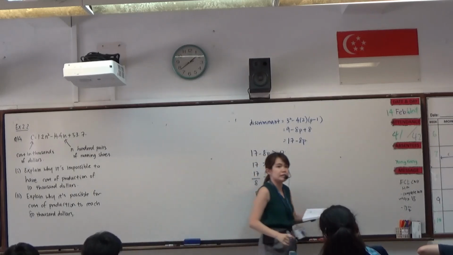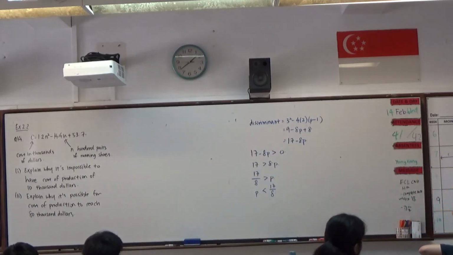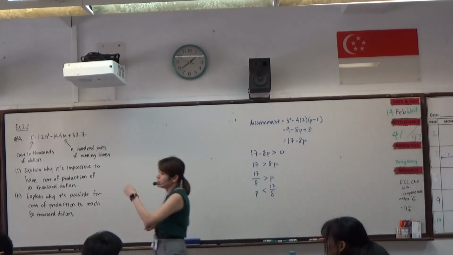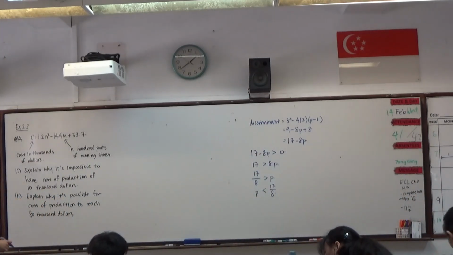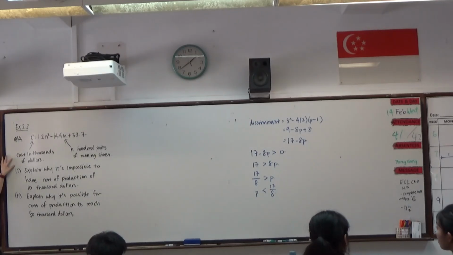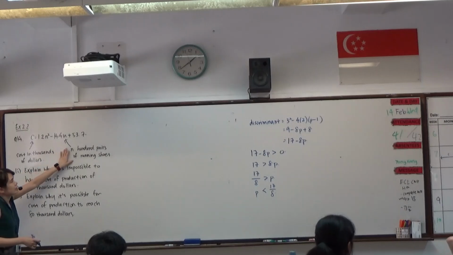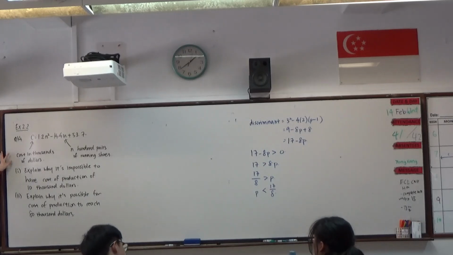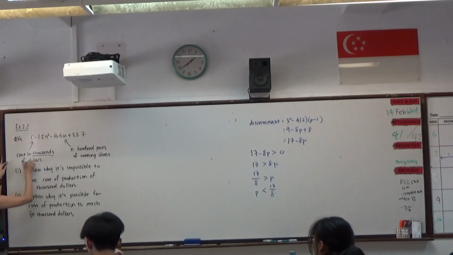Okay, for question 14. So question 14, you're given this equation to model the cost in thousands of dollars. Then N is in 100 pairs of running shoes. We must take note of the units that are being used, how it is being defined, because C is actually in thousands of dollars.